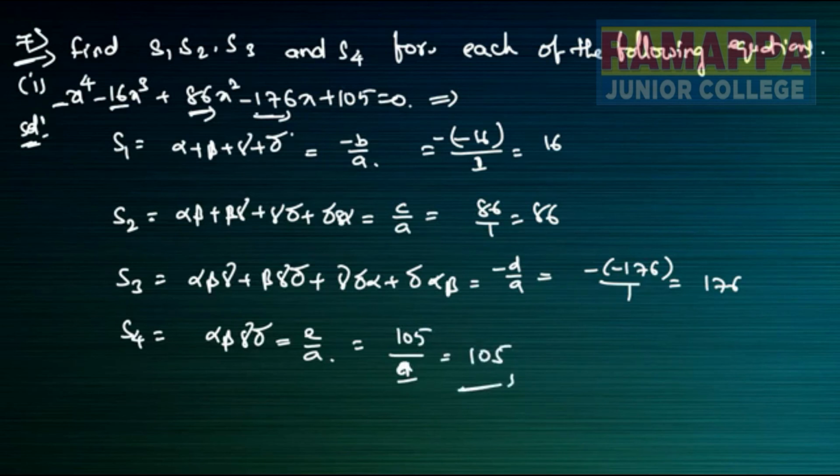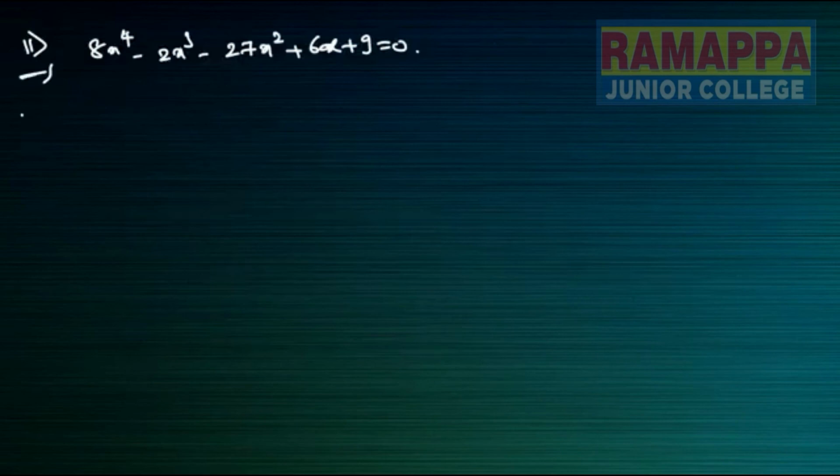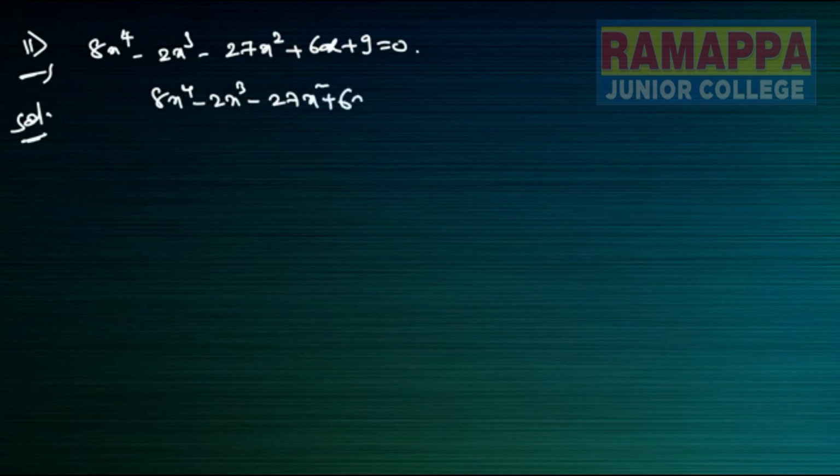Now moving to the next question. Same question, only the solution here. The given equation is 8x to the power 4 minus 2x cube minus 27x square plus 6x plus 9 equal to 0. In this, S1 is alpha plus beta plus gamma plus delta, which is minus b by a.